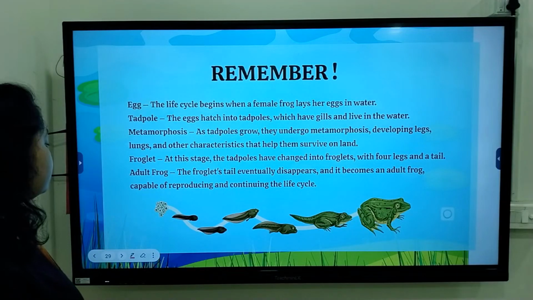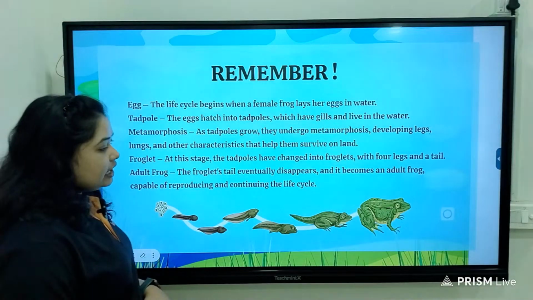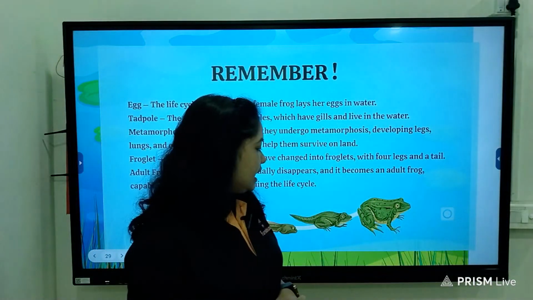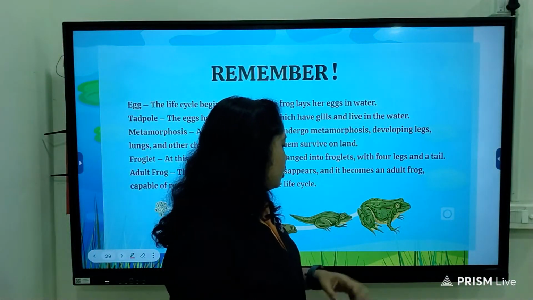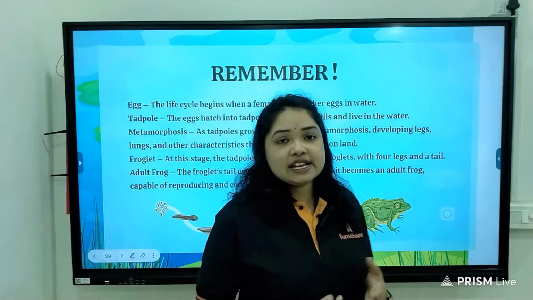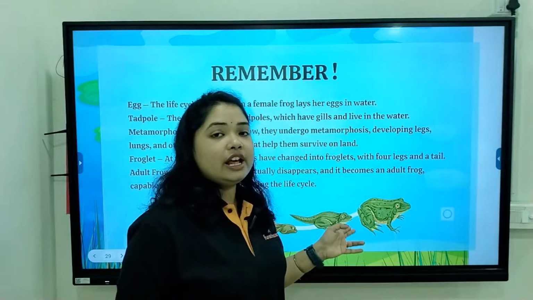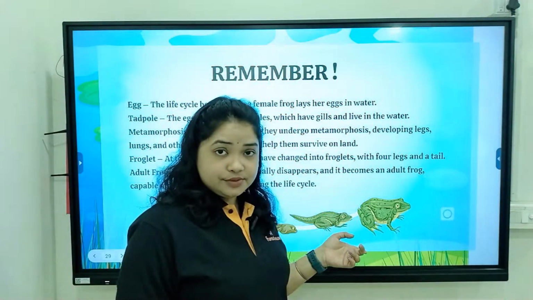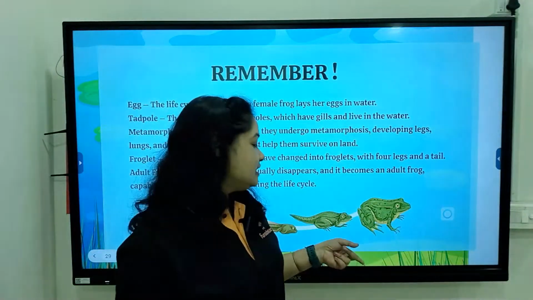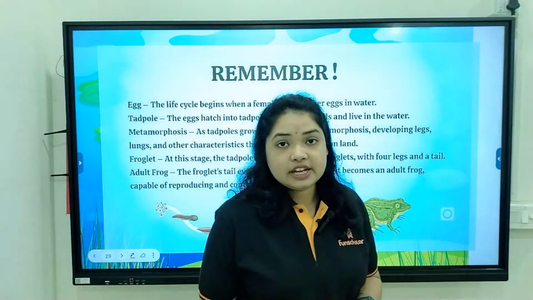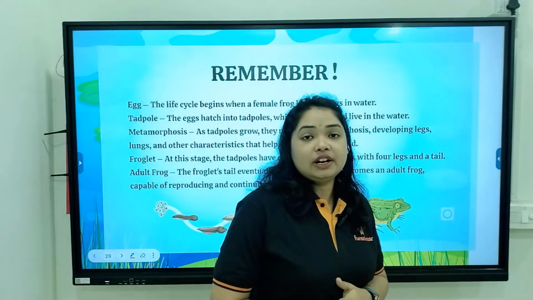And also one thing to mention is that at the adult frog stage, in order to swim, because at this stage the tail has disappeared, they have developed another feature which will help them to swim. Can you guess what it is? It is the presence of the webbed feet. You must have seen the feet of the duck.